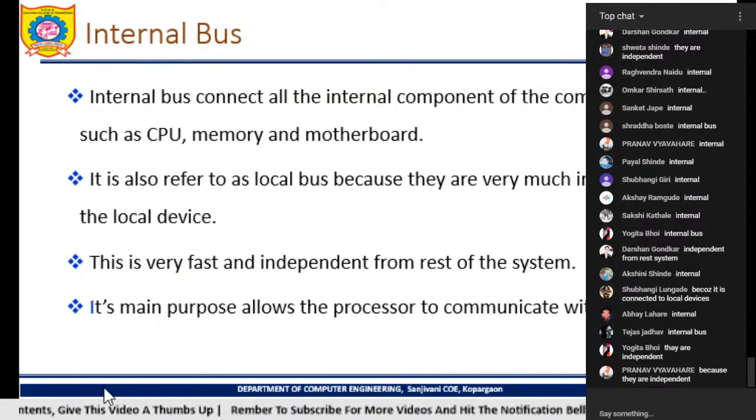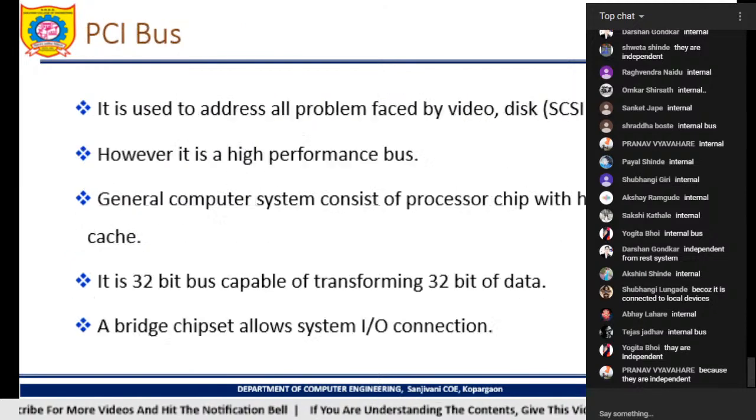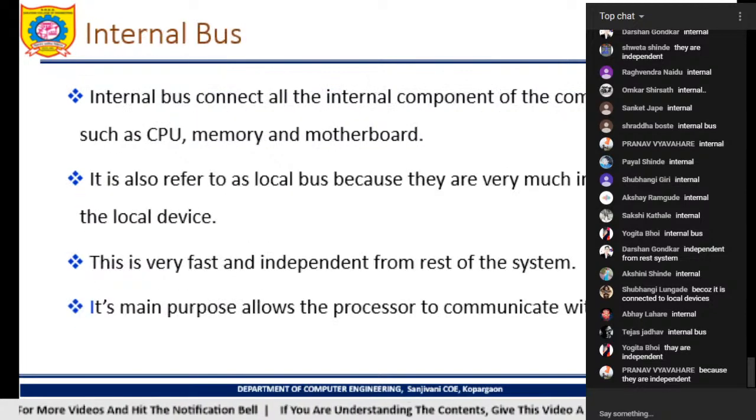See here, the main purpose is that it allows the processor to communicate with the RAM. RAM is a volatile memory, but it is very close to the processor. The distance between processor and RAM is very short, and it is directly through the motherboard. If you remember any diagram of our computer system, the processor and RAM are placed directly on the motherboard.